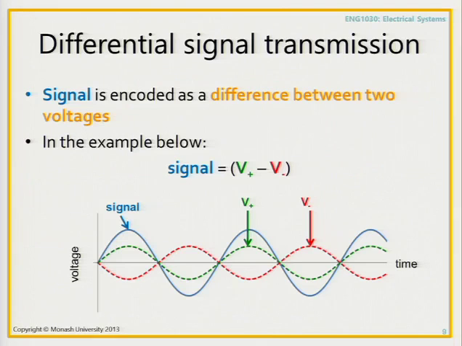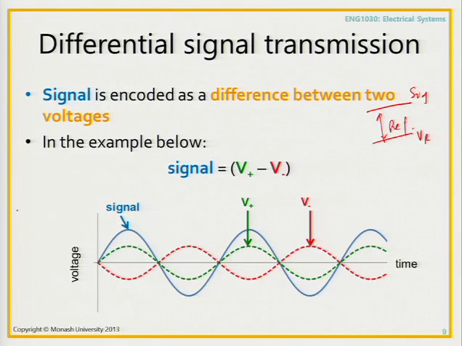So what is a solution to this? A solution which allows us to make sure that both earths are connected at both ends is what we call differential signal transmission. In this way, instead of single transmission where your signal is measured relative to a reference, VR, your signal is encoded as a difference between two voltages, which are not necessarily the reference voltage.